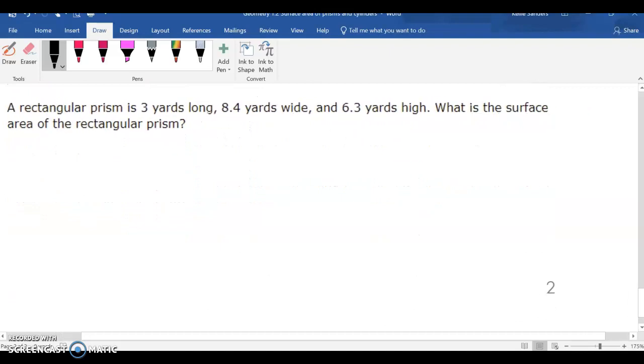Okay, it's telling us what we have. We have a rectangular prism. So this is like we did in T1.